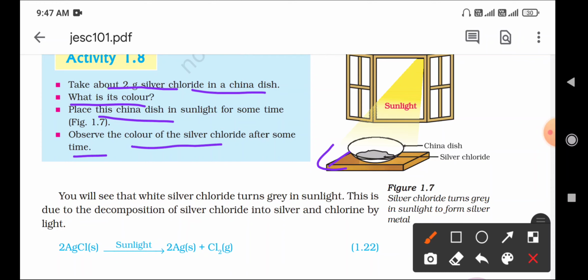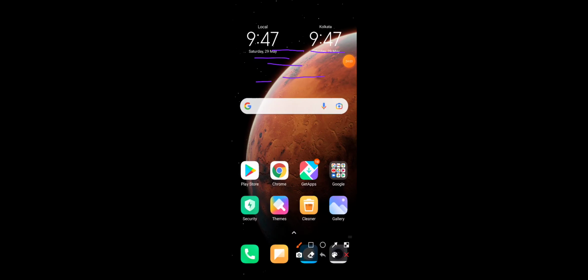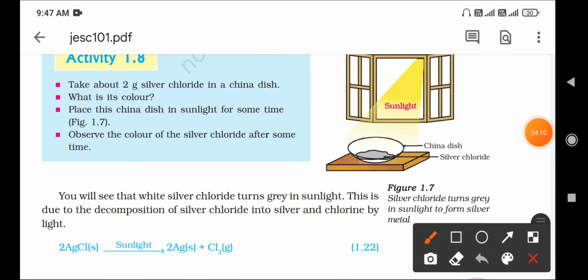You have to take a china dish. Inside that you have to take silver chloride, expose it to the sunlight, and observe what changes occur in the color of the silver chloride.